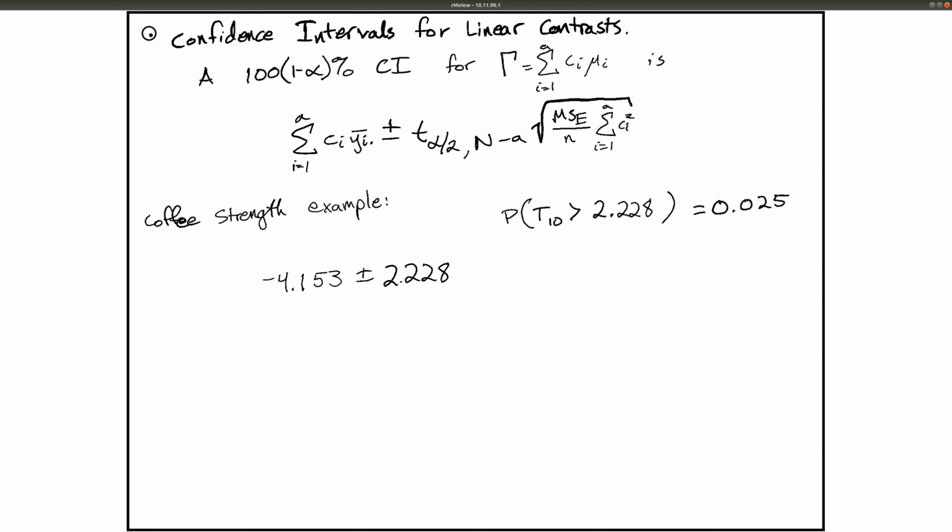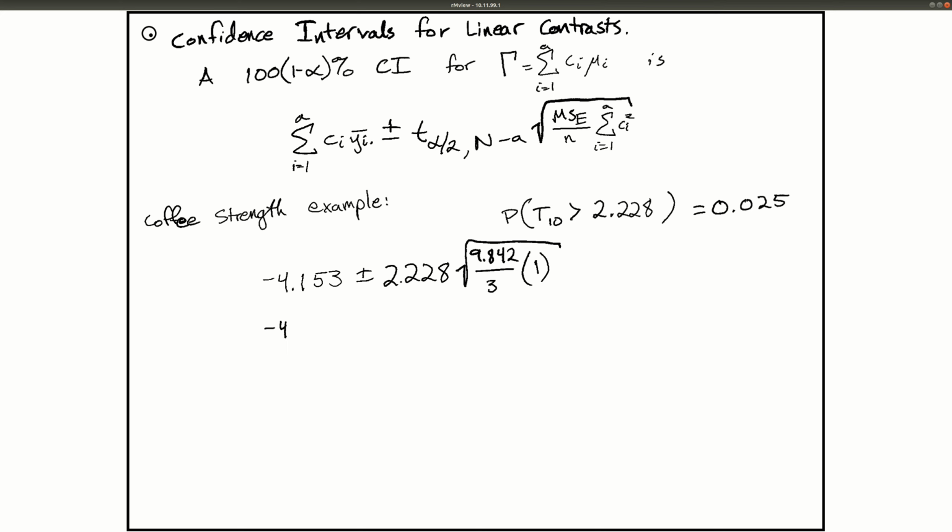which again is what we saw in the denominator, which is the square root of the mean squared error, that's 9.842, divided by our sample size, which is 3, and then multiplied by the sum of the squares of the contrast coefficients. That, again, comes out to 1.